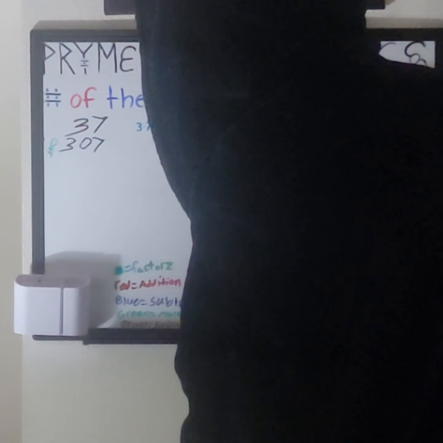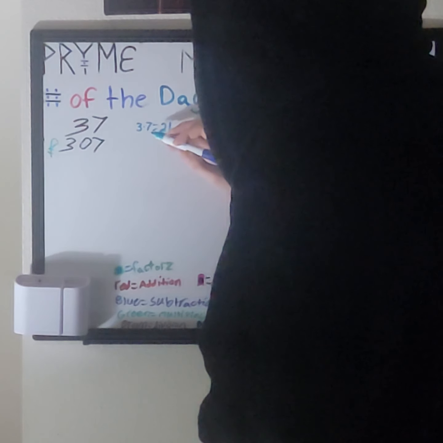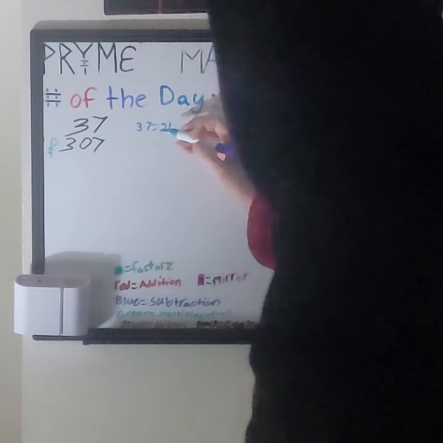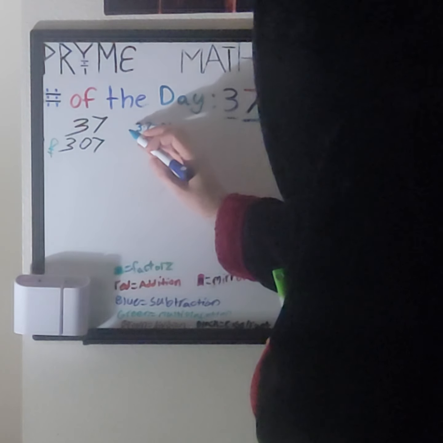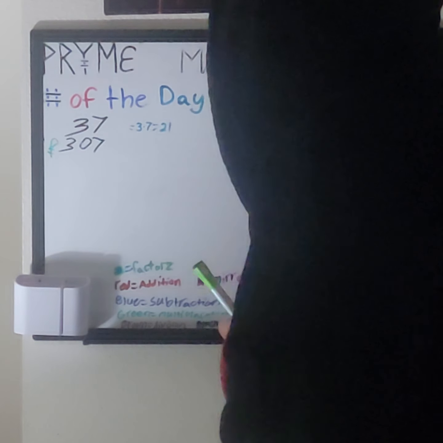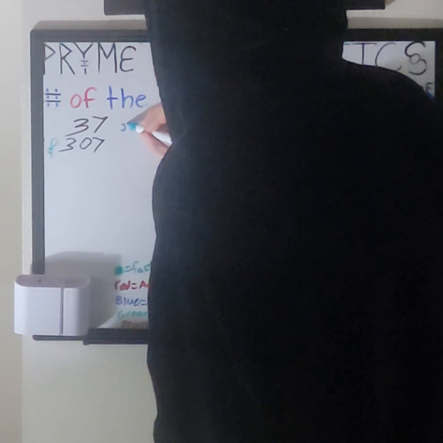Equals 21. And since it came over here like this, it actually gets stacked to this side. Equations in this math can be on either side, left or right. In this case, we're going to have 2, 1.